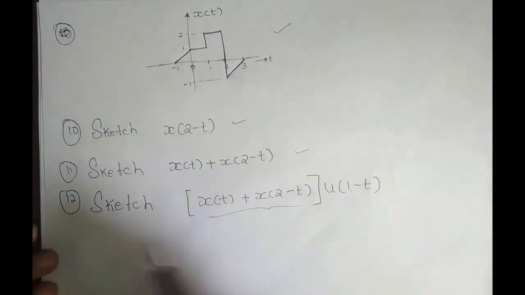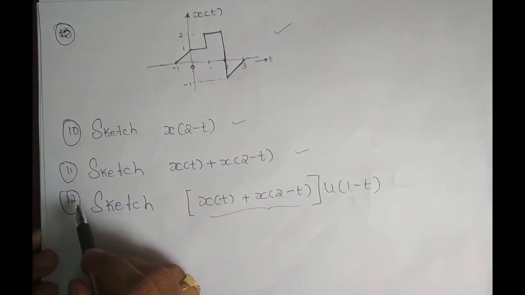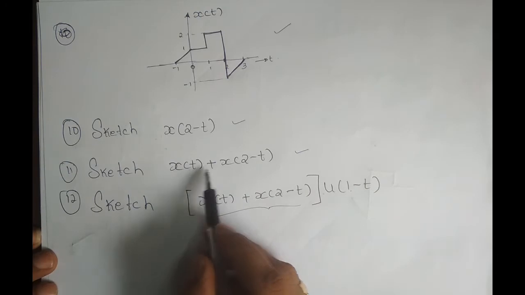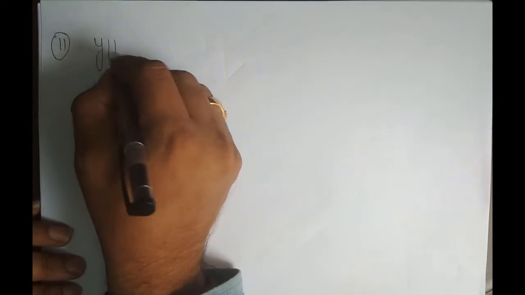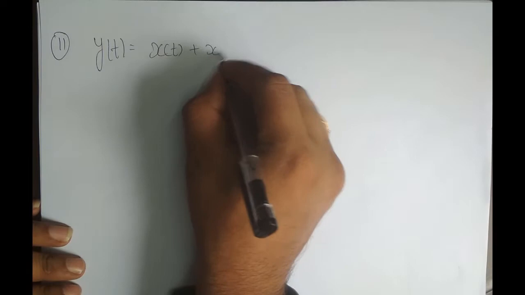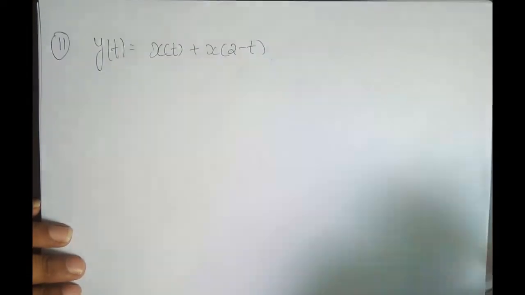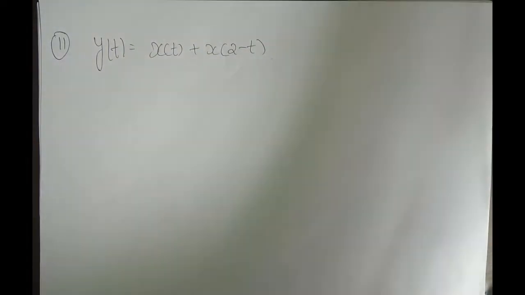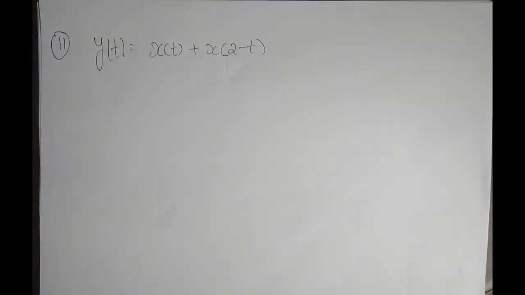Okay, next problem number 11. I need to sketch x of t plus x of 2 minus t, right? So y of t is equal to x of t plus x of 2 minus t. The thing is, we already have these two signals, right? What is our x of t?